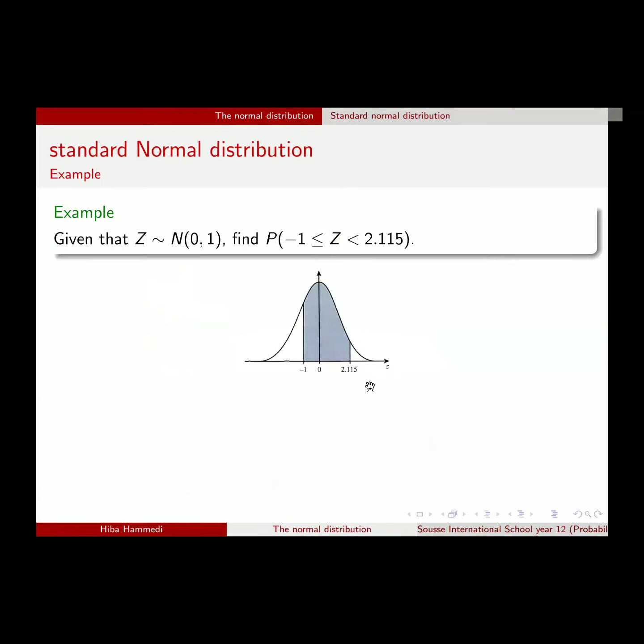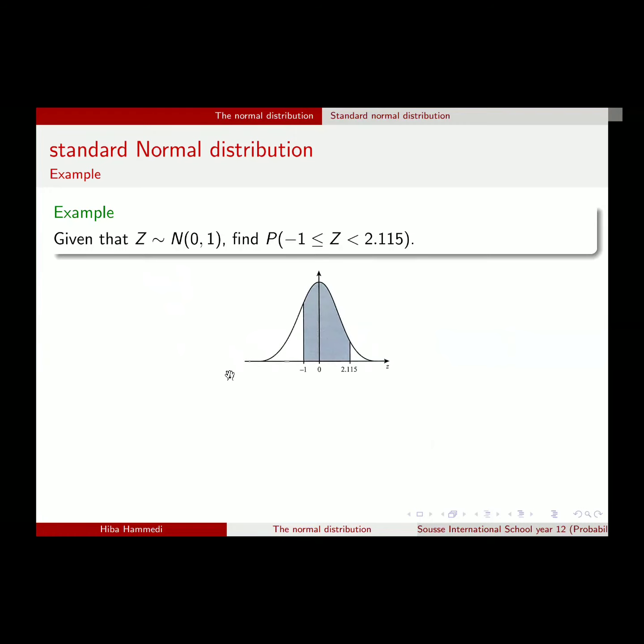Okay, let's take an example. Here z is a standard normal distribution, and they ask you to find the probability of z between -1 and 2.115. So a quick tip for you, please always draw a graph.